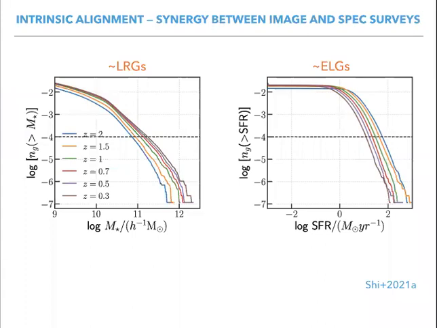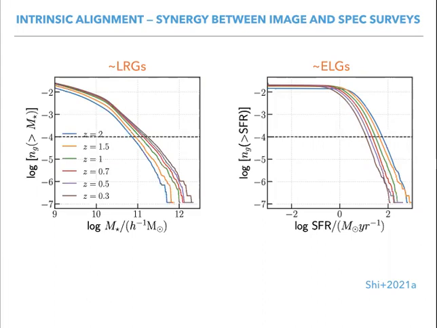In the end, we asked ourselves, can we measure this intrinsic alignment signal in the coming surveys? So we consider the case for the luminous red galaxies and emission line galaxy surveys. We did a very rough selection by ranking the stellar mass and star formation rate.